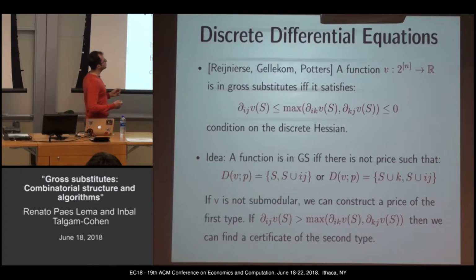That's pretty much a version of the exchange property of matroids for real valued functions. So for gross substitutes, what is here in the second bullet point is sort of an idea on how you can prove that gross substitutes is equivalent to this discrete differential equation.